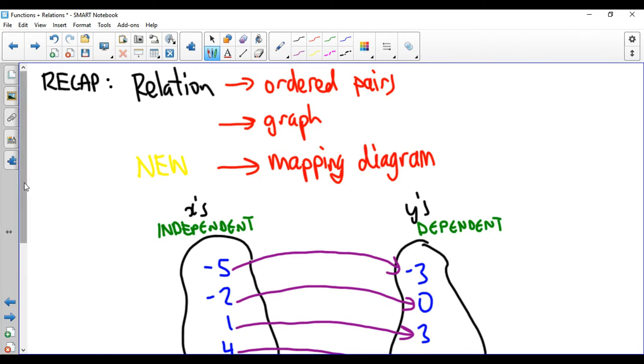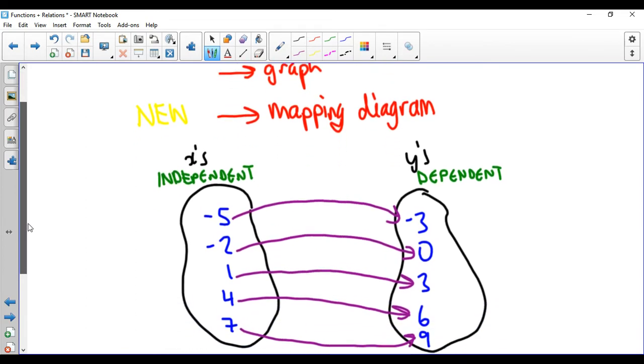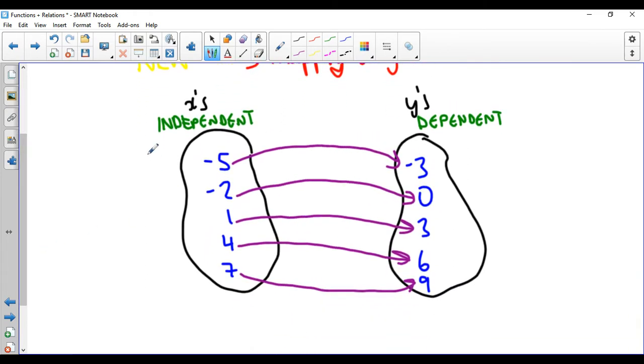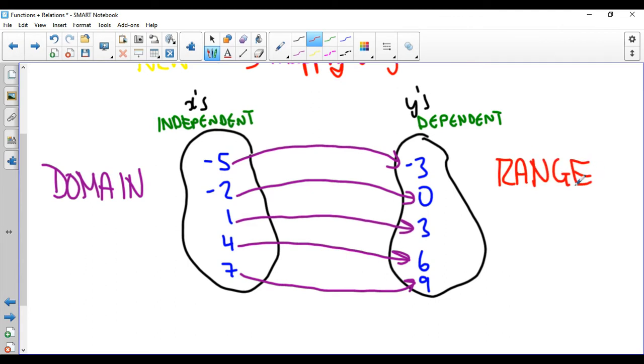All right. So again, just to recap, a relation can be represented using ordered pairs or a graph. One new thing is a mapping diagram, and this is one I have here. When we talk about x, what do we talk about? We talk about the domain, right? And then the y's, we talk about the range, all right?